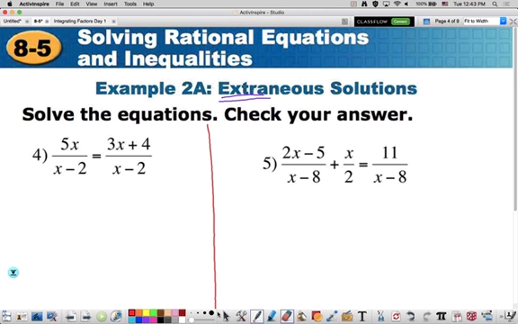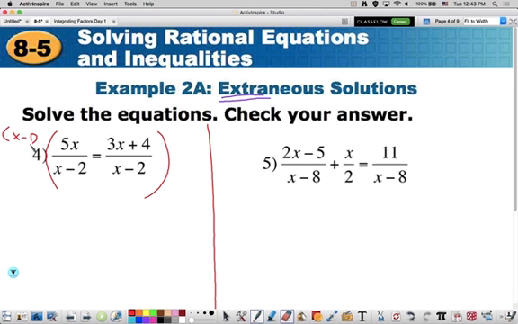How should I make this problem easier for myself? How do I get rid of the fractions? And multiply by x minus 2. It sounds like a good idea. Multiply everything by x minus 2.